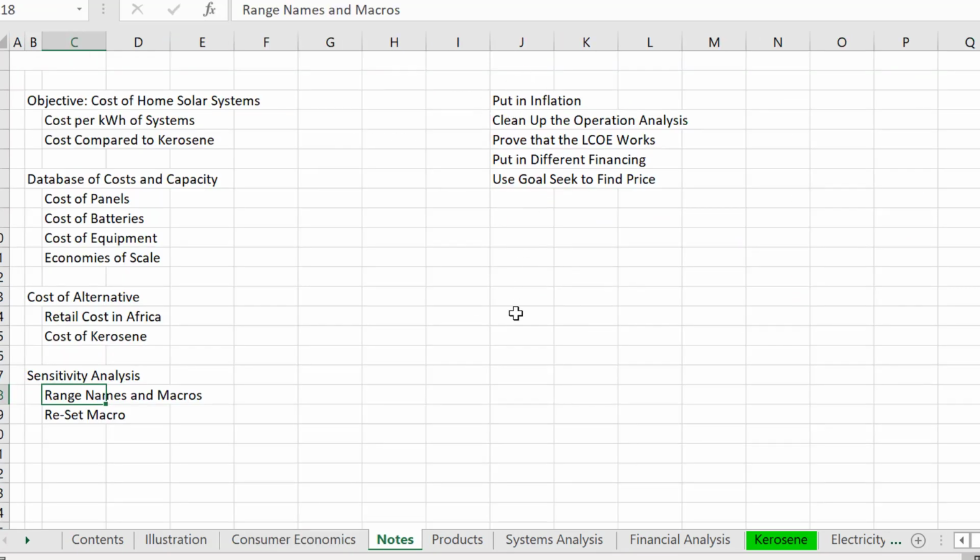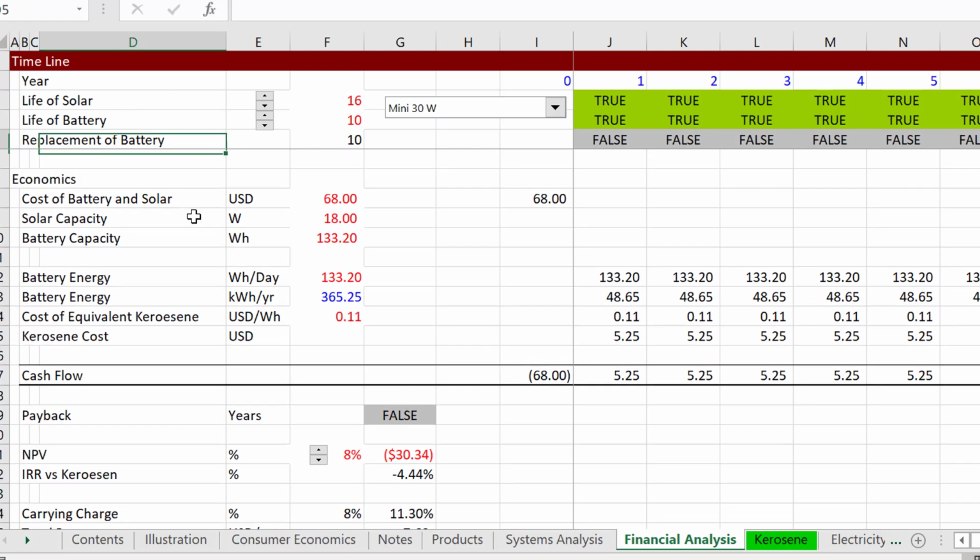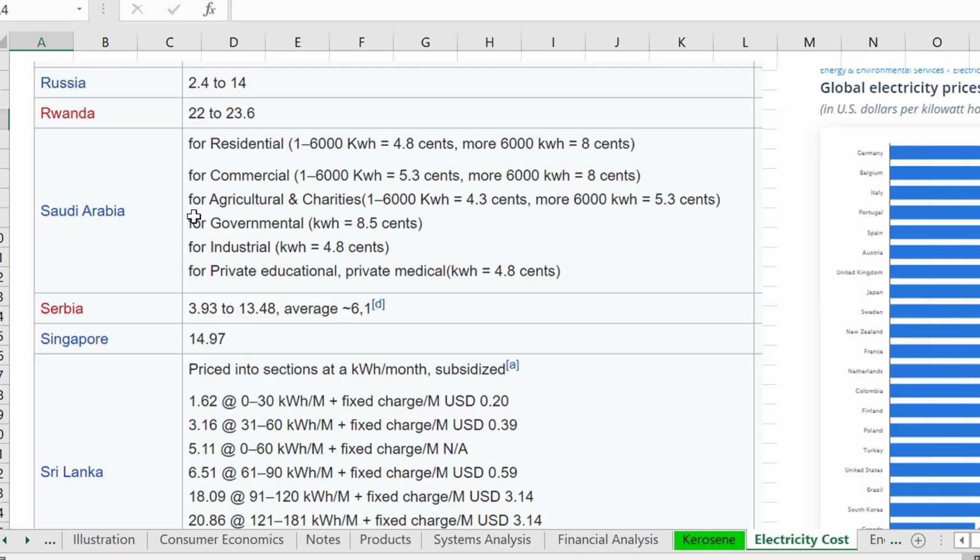I'm going to clean up the operations analysis a little bit because in any financial analysis, even if it's a tiny, tiny little one bulb to a really big solar project, I argue that you should start with capacity and energy if it's electricity, or you start with volumes and prices. That's a little bit what we've done. I need to do it a little bit better.